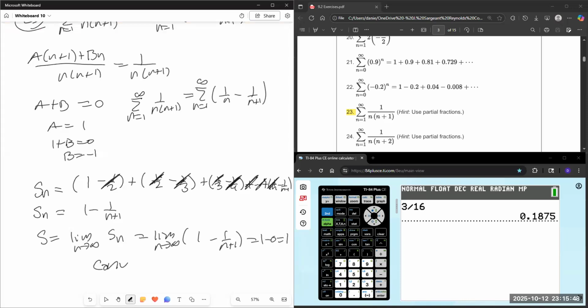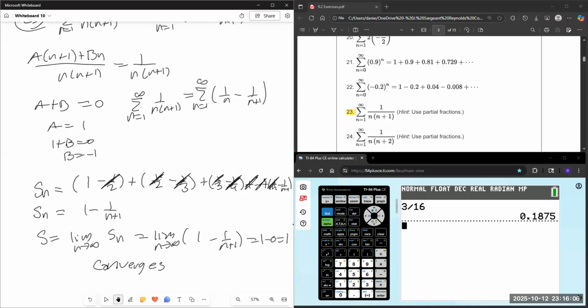So this converges because the limit as n goes to infinity of the nth partial sum is equal to a finite number L, which is the sum of the series.